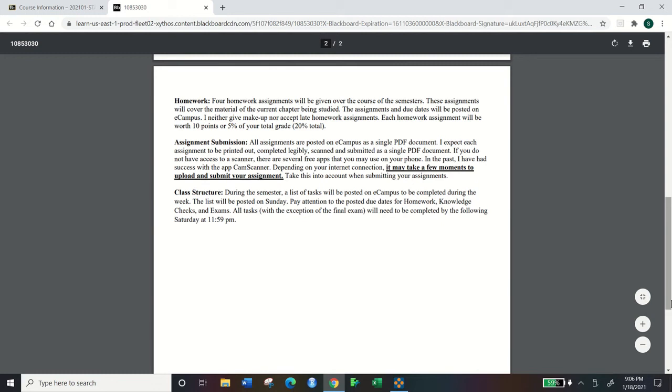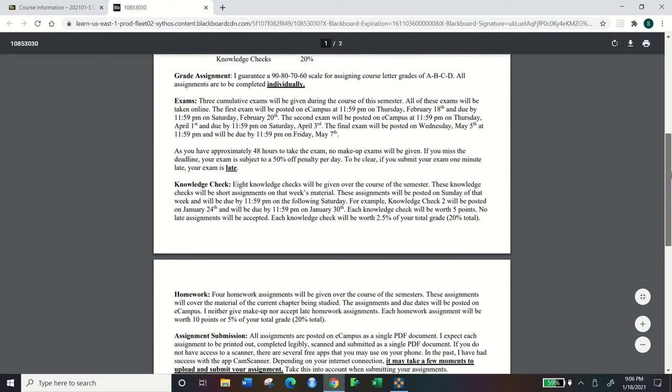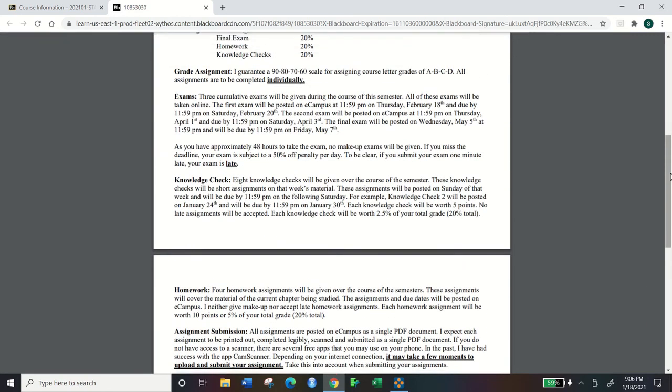On the weeks where you have exams, I do not post any other course material. What happens instead is, if we scroll back up to exams, I will post exam 1 and exam 2 on Thursday at 11:59, and they'll be due by Saturday at 11:59. So you'll have all day Friday and all day Saturday to complete your exams.